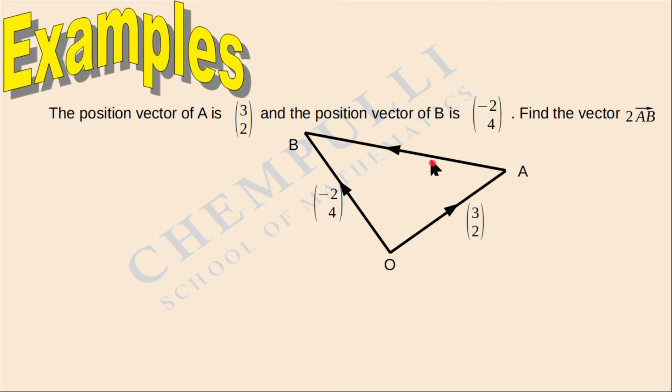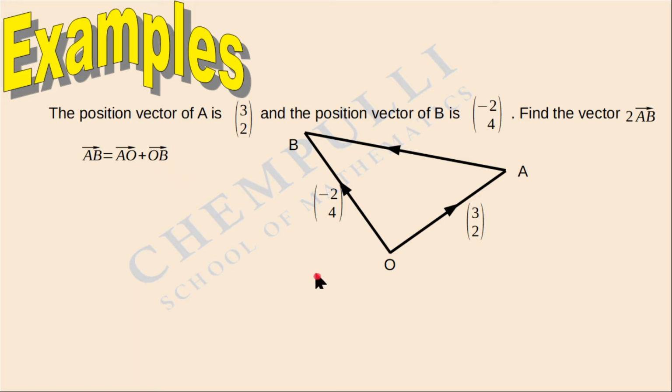Vector AB means the translation of point A to the point B. To find this vector AB, we can use it like this: the translation of point A to the point O, then the translation of point O to the point B. Clear? That means vector AO plus vector OB. We can write vector AB is equal to vector AO plus vector OB.